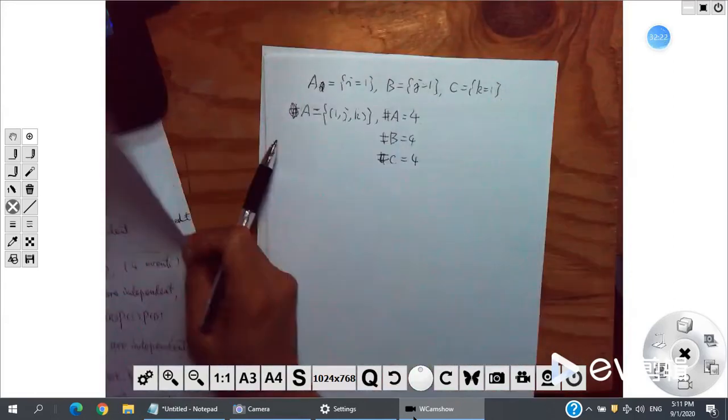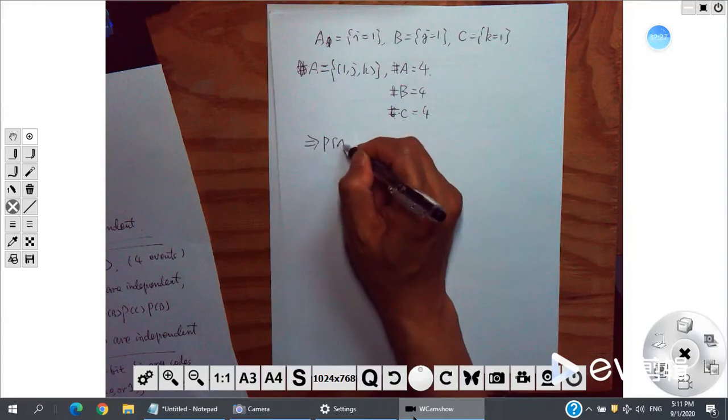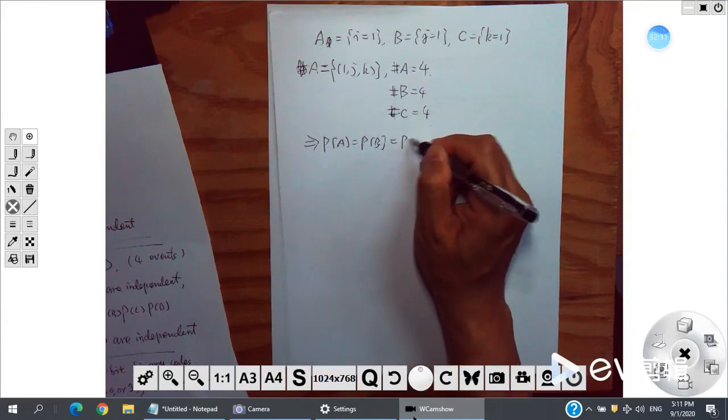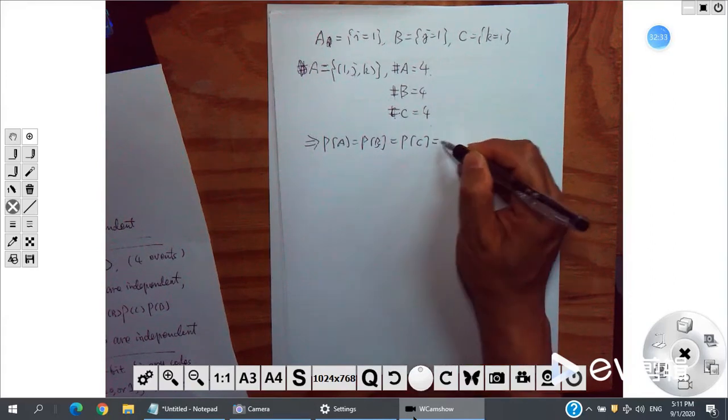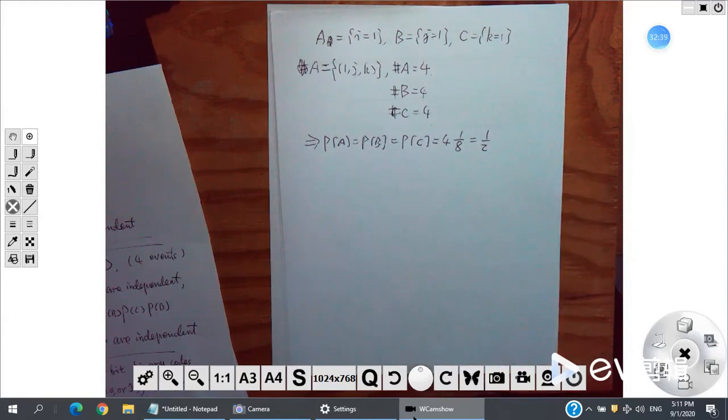So we can have PA equal to PB equal to PC. They are 4 times that 1 over 8, so it is 1/2. Each one has probability 1/2.